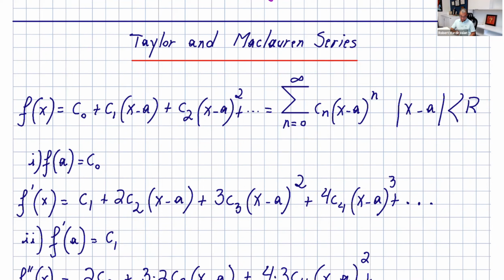Let's calculate f of a. f of a is going to make all these 0. We're just left with c0.